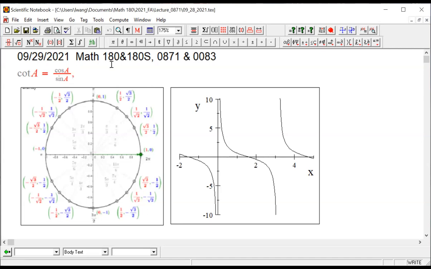So A can be any real number but multiples of pi.